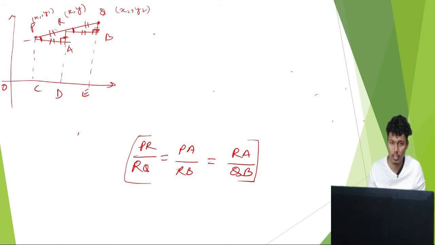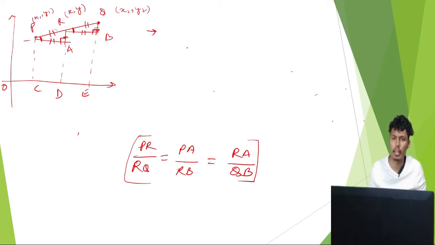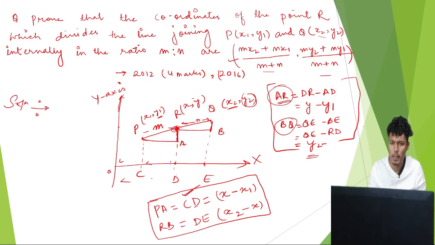Now PR by RQ, the question has already said it is M is to N. So M divided by N equals PA by RB. Here PA is X minus X1 and RB is X2 minus X.